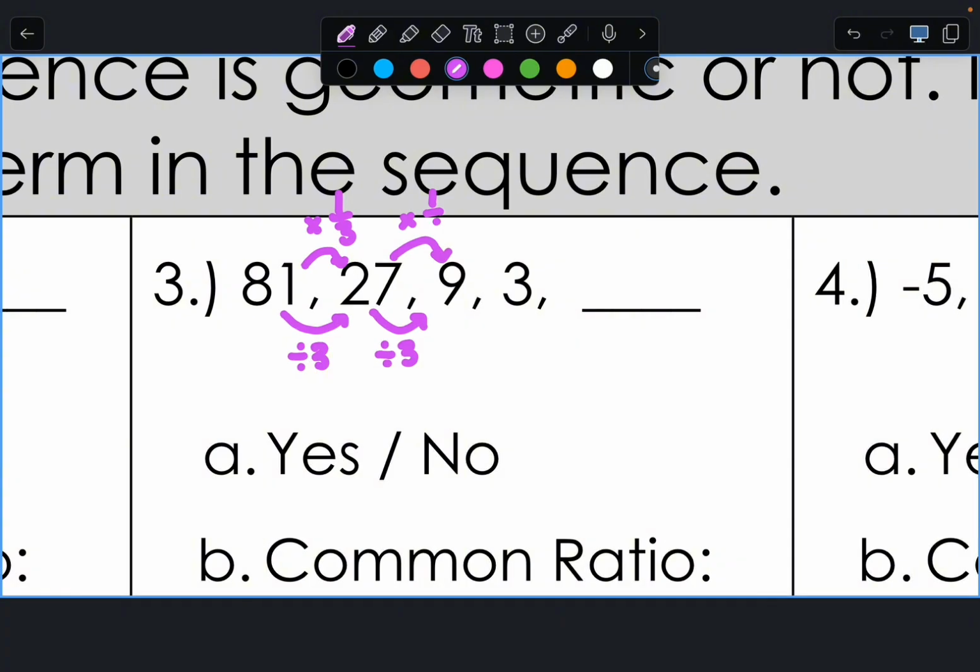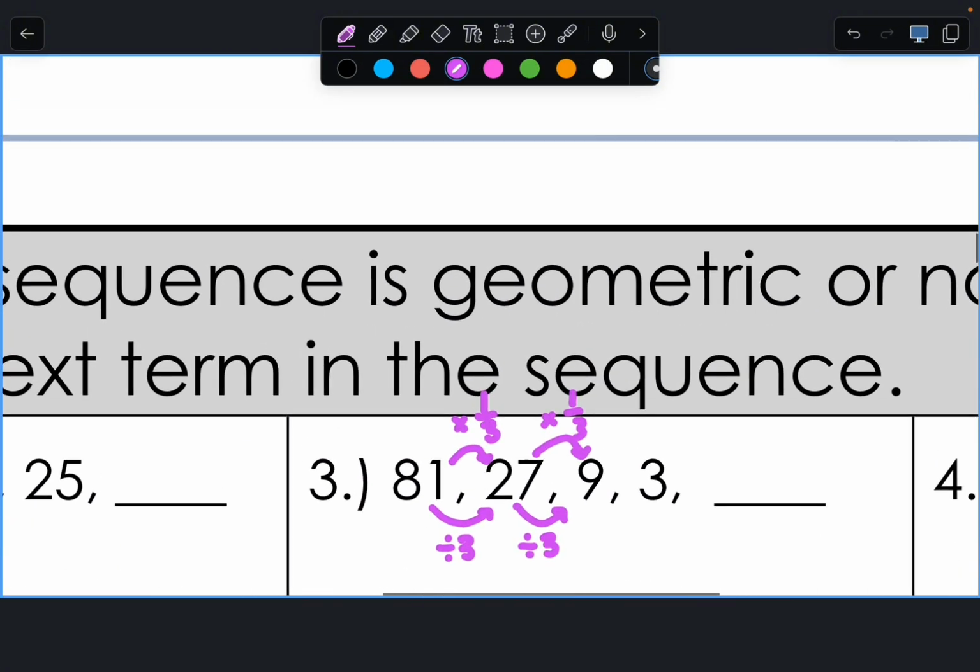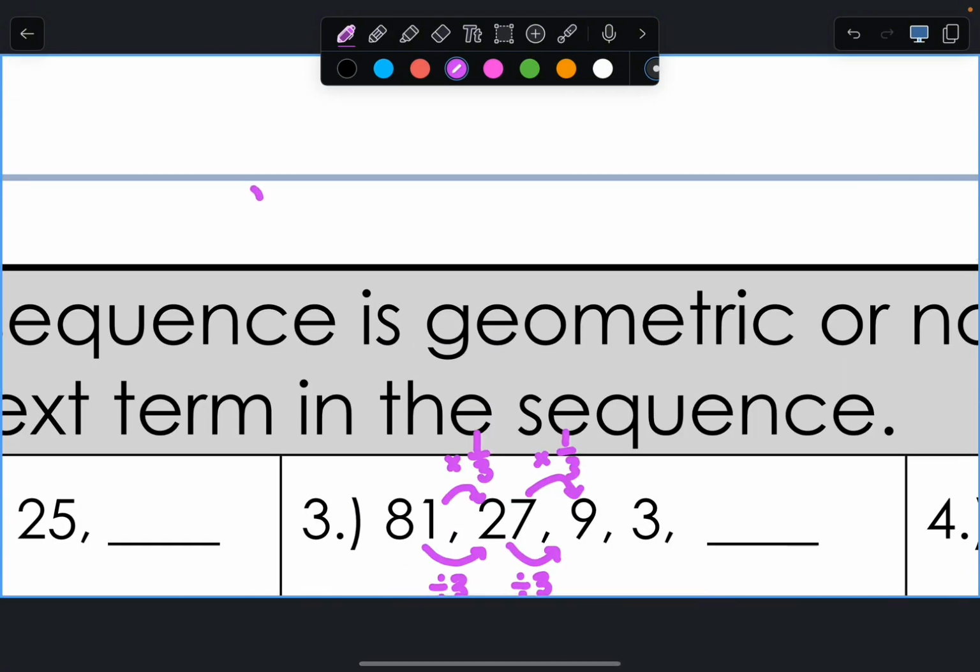So let's go through those steps, right? For example, 9 divided by 3 is 3. Now compare that to multiplying 9 times 1/3. When you multiply a whole number and a fraction, what do you do to the whole number? You turn the whole number into a fraction by putting a 1 under it.